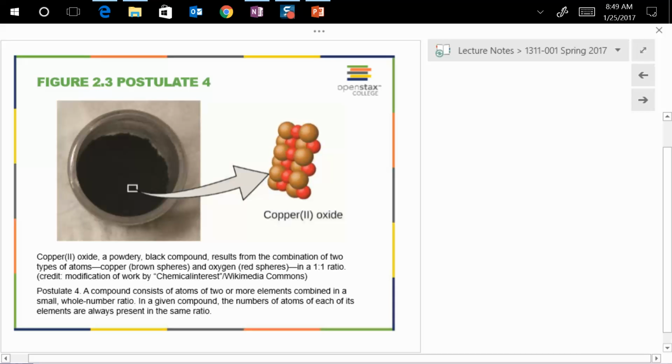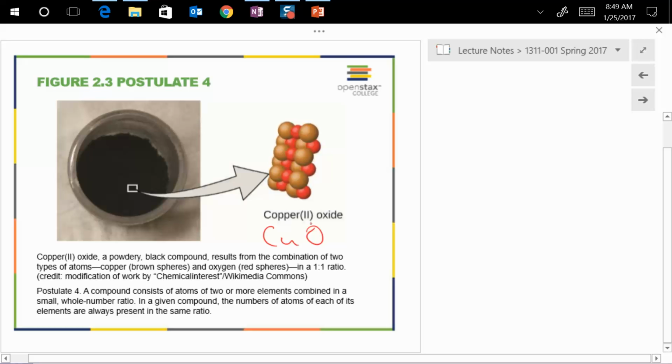The fourth postulate: a compound consists of atoms of two or more elements combined in a small whole number ratio. Whole number ratios meaning, here's copper 2 oxide. For copper 2 oxide, we have exact numbers of copper and oxygen. Actually, it'd be 1 to 1, copper 2 oxide, CuO.